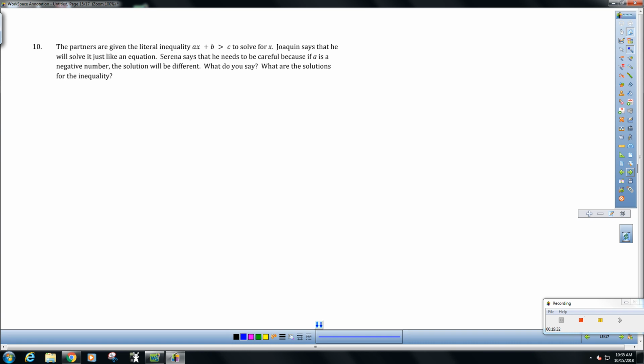Okay, so now they get ax plus b is greater than c to solve for x. Joaquin said he's going to solve it like an equation. Serena says she needs to be careful because if a is negative, the solution will be different. I agree. So, if you start with ax plus b is greater than c, and you don't know any other information about these, then you can subtract b from both sides. That doesn't affect anything.